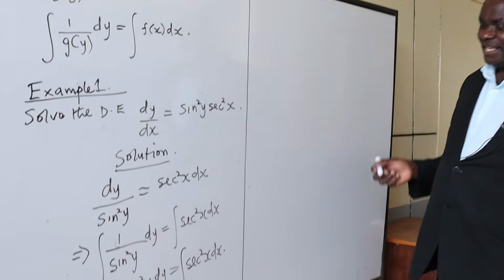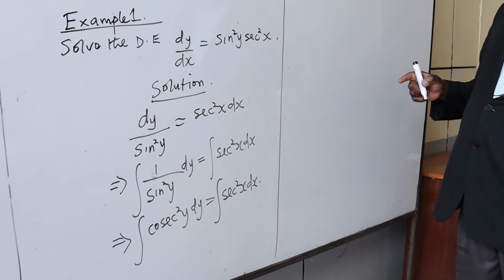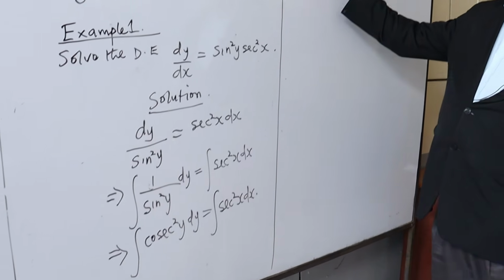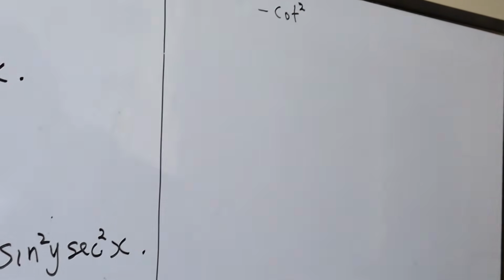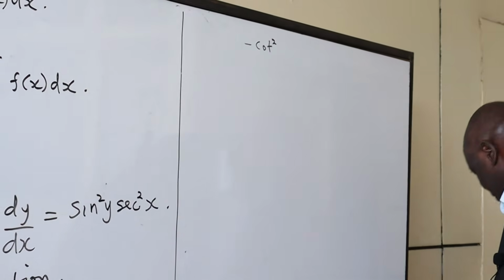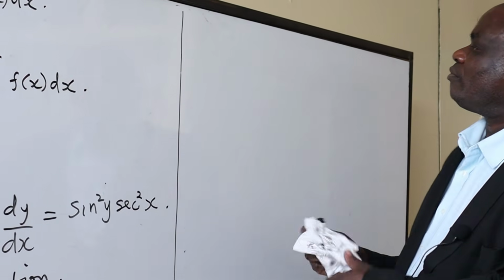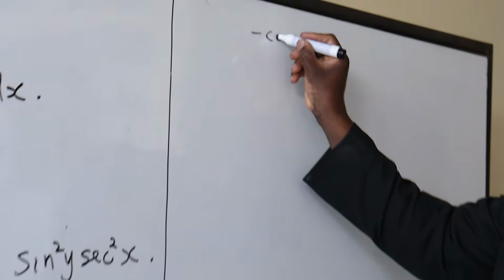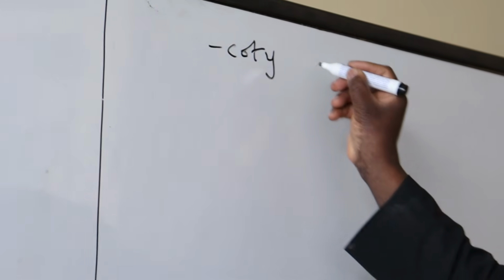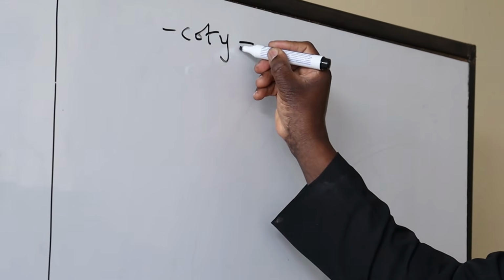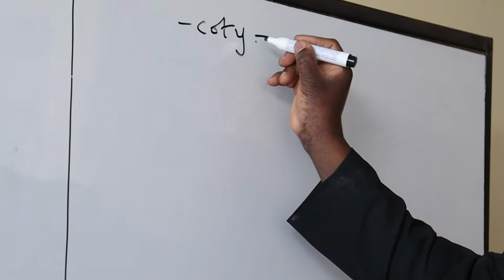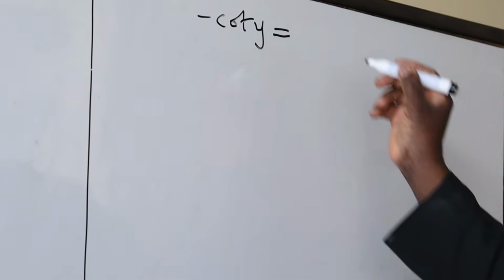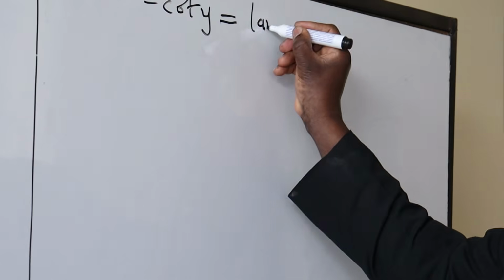In integrating this, the integral of cosec squared y dy will be minus cot y, which will be equal to the integral of sec squared x, which is tan x.